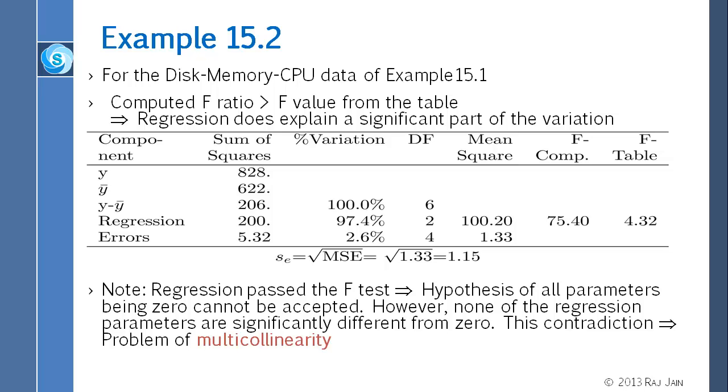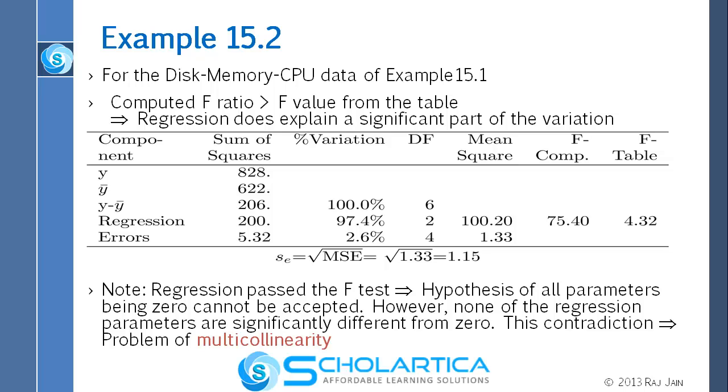All right. So now here is a dilemma. Regression passes the F test, so all the parameters cannot be 0. But we just saw that for B0, B1, B3, the confidence intervals included 0. So while each one of them could be 0, all of them pass the test together. What's the problem?